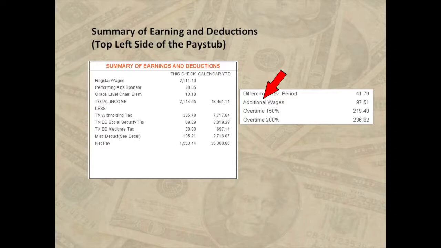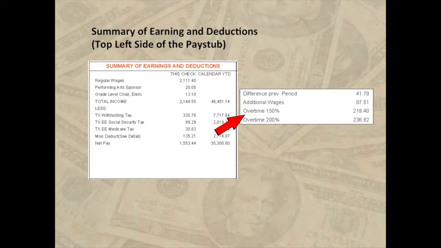Additional wages is for work performed up to 40 hours within the OCPS Thursday to Wednesday work week. Overtime can also reflect on your pay stub for work performed in either your primary position or in a multiple position such as extended day.